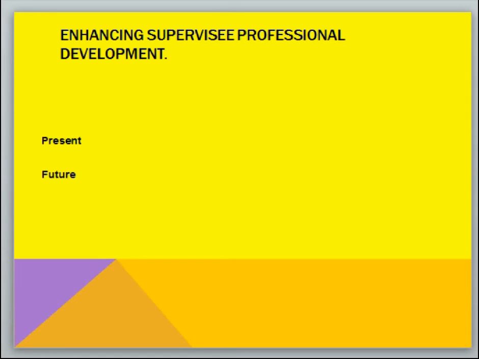In other words, there needs to be, I think, some reviewing system built in, so that the supervisor is always really stretching the supervisee and encouraging their development, often checking out at all levels, the educative level, the experiential level, that they're growing as a supervisee and not being stuck at a particular developmental level.